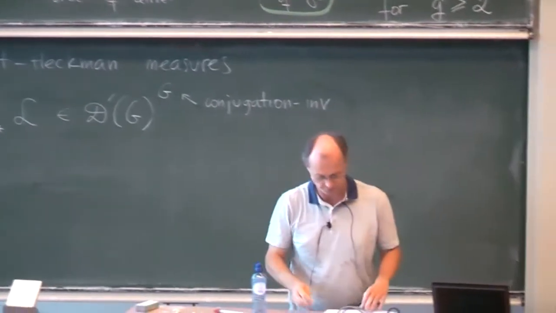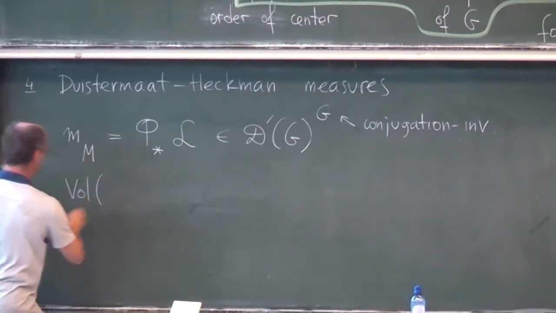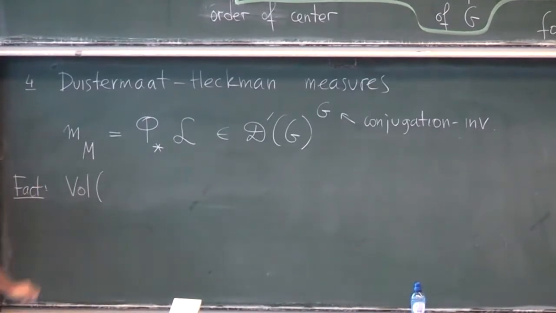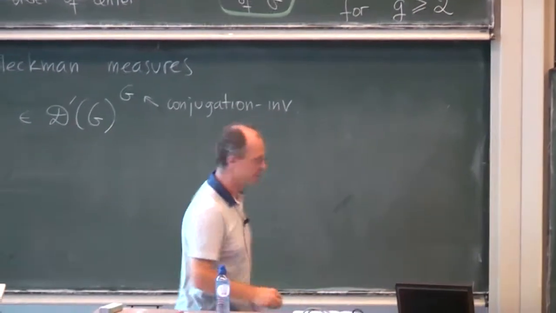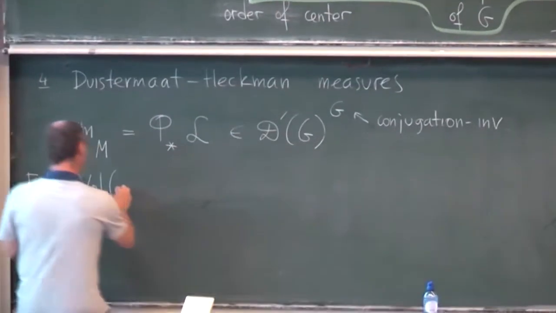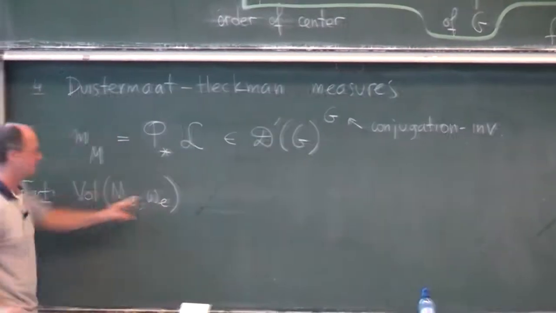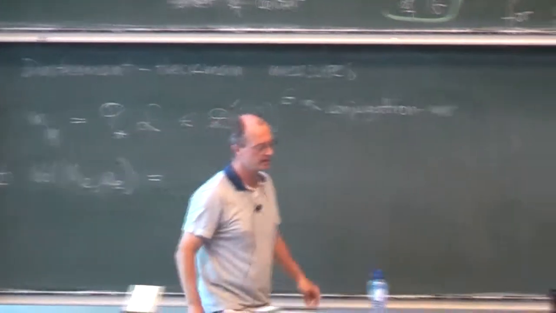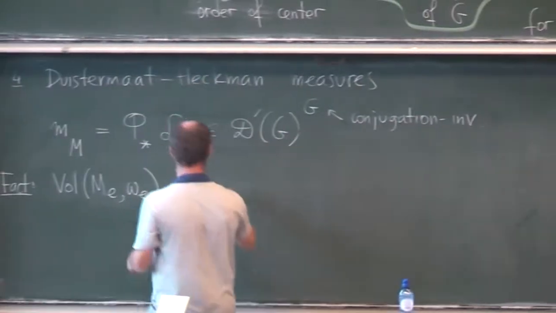Now, there is the following simple statement, a fact. It's not a difficult statement, and it's similar to what happens in the ordinary moment maps theorem. The volume of the reduced space, let's say the reduced space at the group unit, is given by the following formula. Let me write it down and then comment on it.